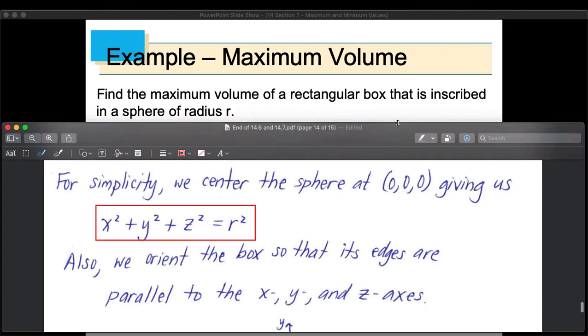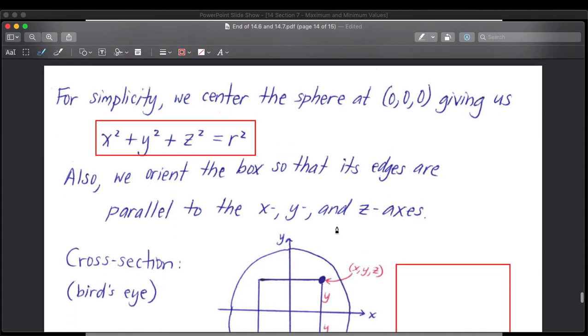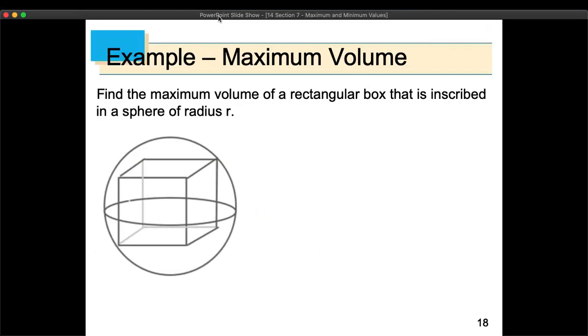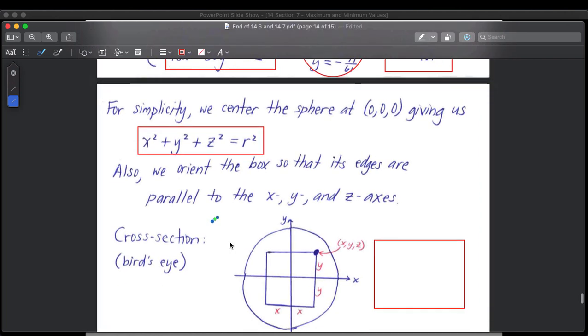So what I'm also going to do here is take a bird's eye view of what we're looking at. Once again, here's the picture in 3D form. If I go up here to the top and look down on this box and sphere, I'm going to essentially see this cross section right here.